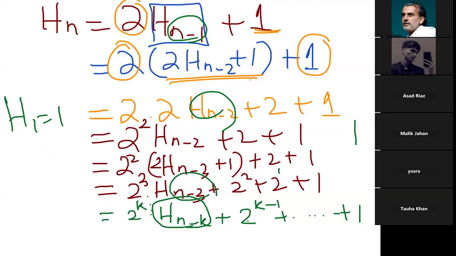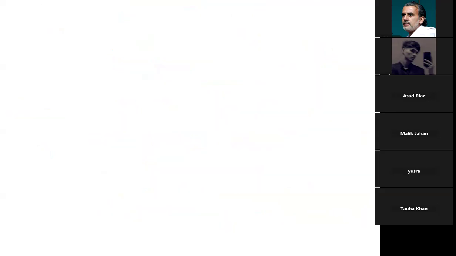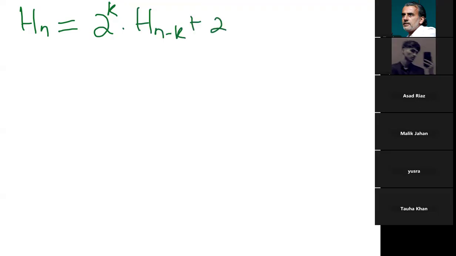So let me go to the fresh screen. The expression which we have landed on so far looks like this. Hn is 2 raised power k times hn minus k plus 2 raised power k minus 1 goes down to 1, which is 2 raised power 0. Now, it has to go further down.